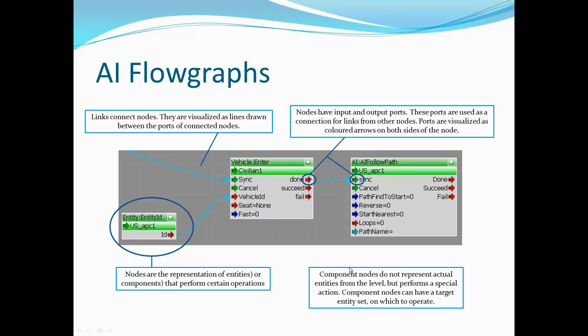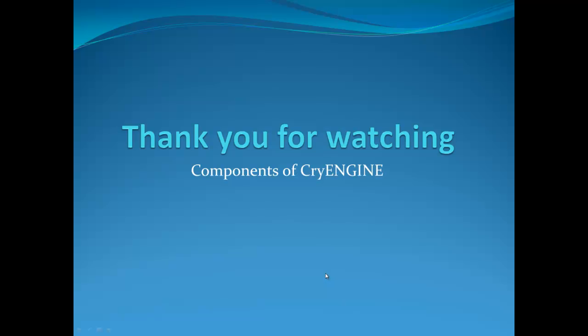Then you also have the links between the nodes, which connect up the nodes. And then you have the input and output ports that allow you to make connections for links from other nodes. So here, for example, this output and this input are linked up. Those are the components.